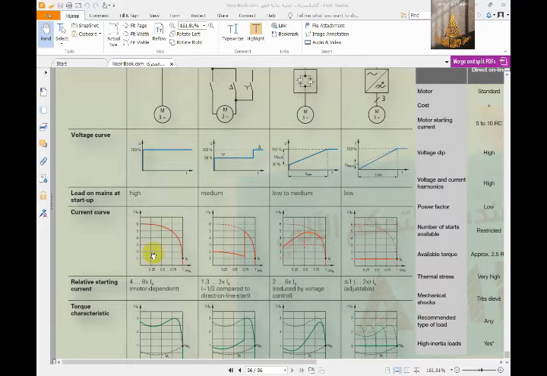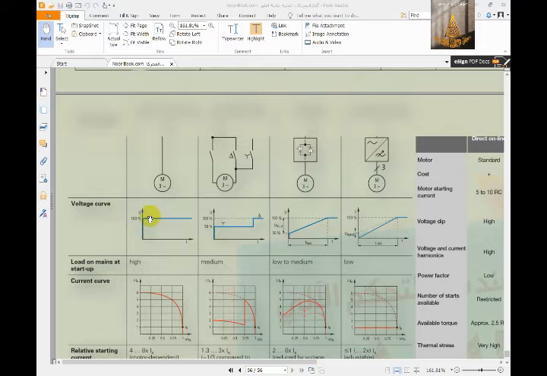For the next thing, you will find the current curve, and it's so important. We look at the starting current, which is very high in the direct online connection.